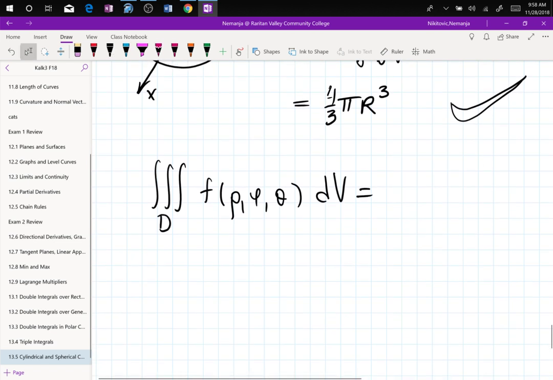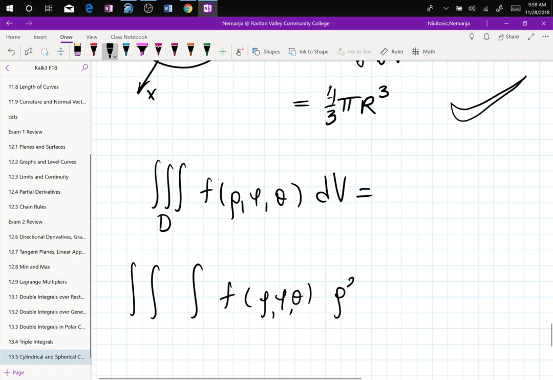Now I need a lot of space, which is why I'm doing this in 2 lines. So now I have my triple integral f of rho phi theta, and I have the string rho squared sine phi d rho d phi d theta.